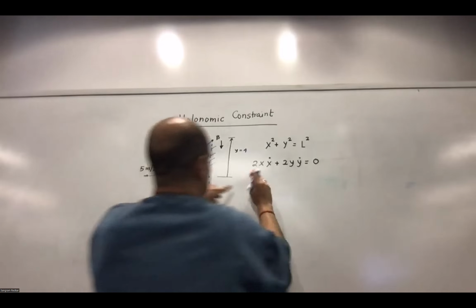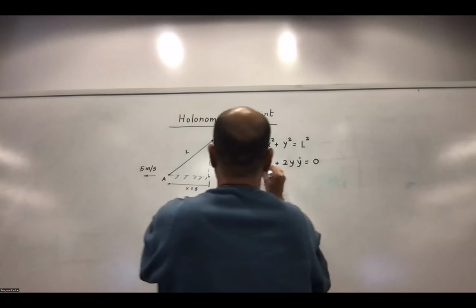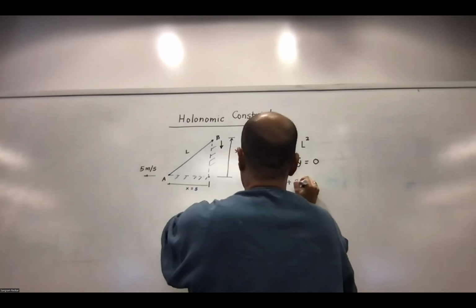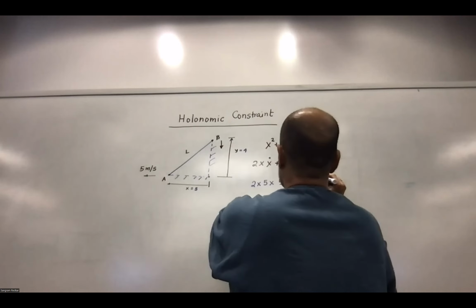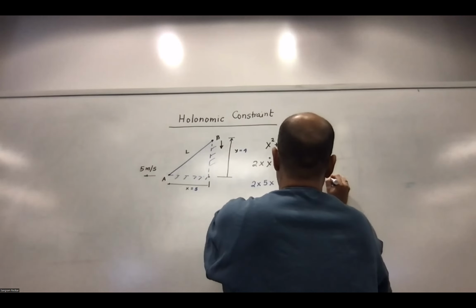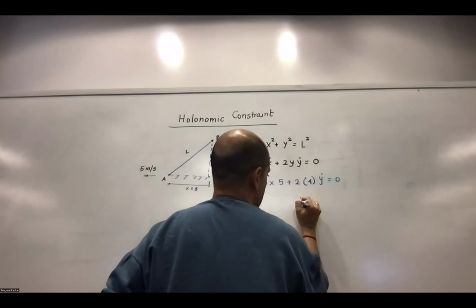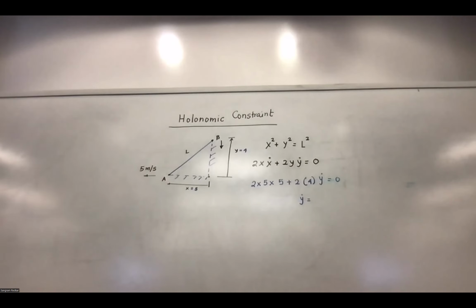I can substitute: 2 times 5 times x dot, which is 5, plus 2 times 4 times y dot, equal to 0. I can solve this equation and get the value of y dot. Are you with me so far? Everyone understood this? Simple, right?